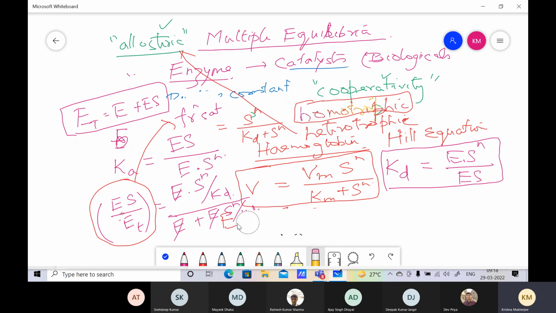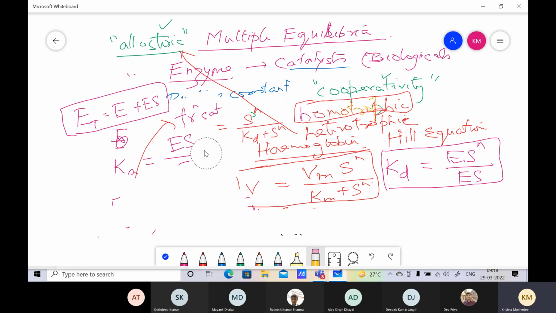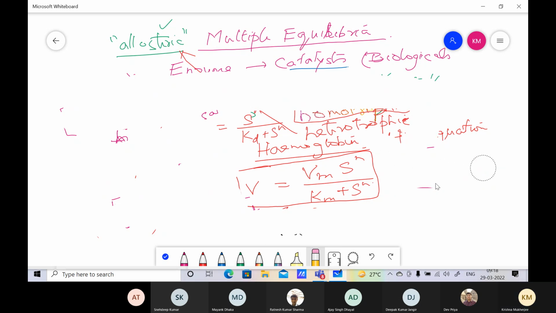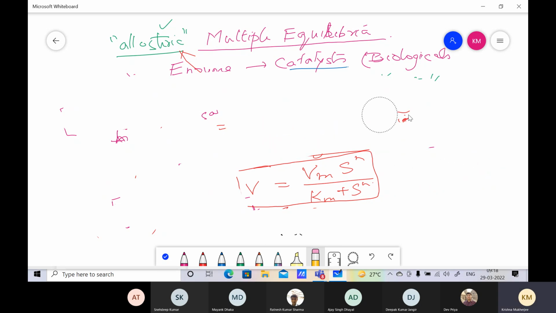So this equation is important because it generates the so-called sigmoidal graph.